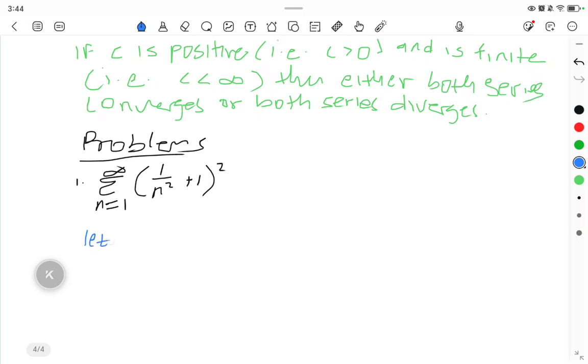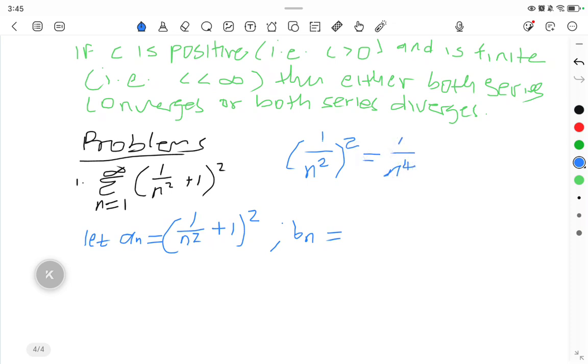You should always do this, always, whenever you're answering these ones of comparison test: first, you let an. Then you check bn. Bn, I can get it by reducing this. Then I'll be left with 1 over n squared squared. Then I'll get 1 over n to the 4. You see, right? Then I compare.